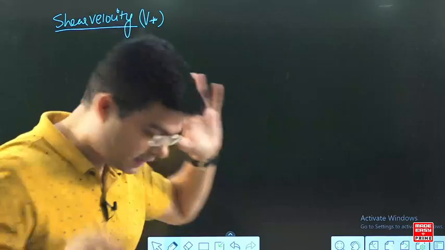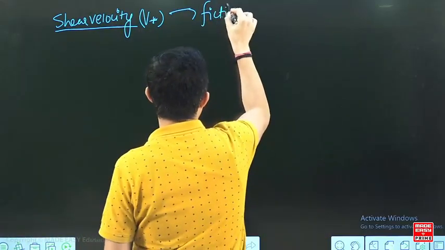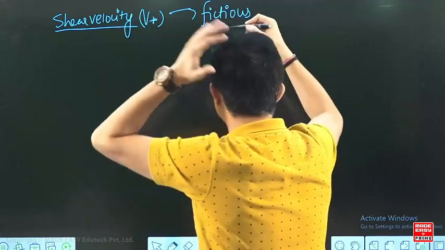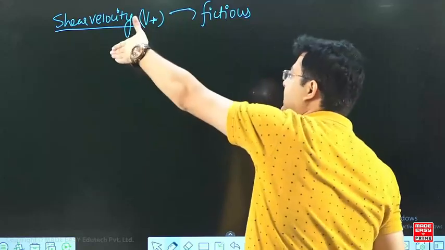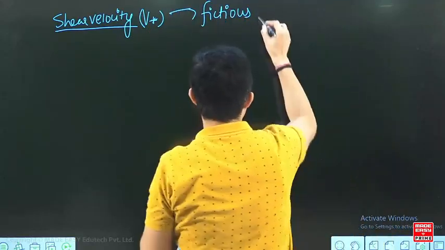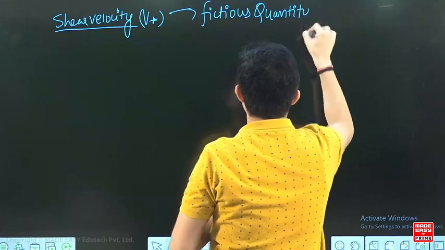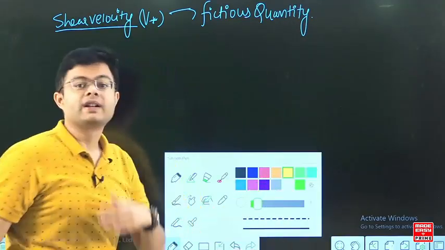It is a fictitious quantity, don't worry. In a lot of books, the methodology used to explain shear velocity uses this term, fictitious quantity. Fictitious means hypothetical. Now, what is V star?